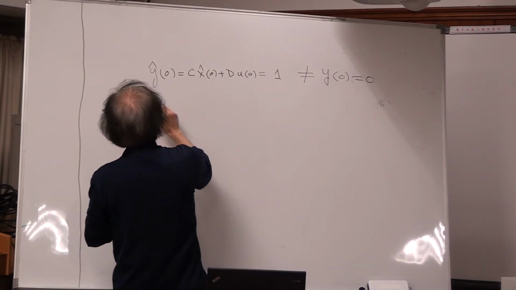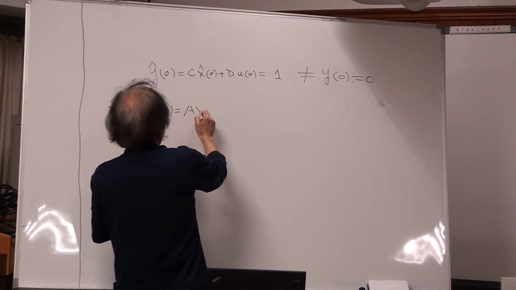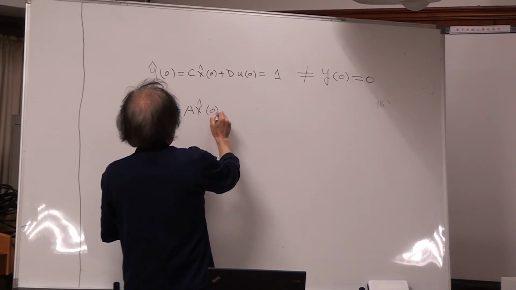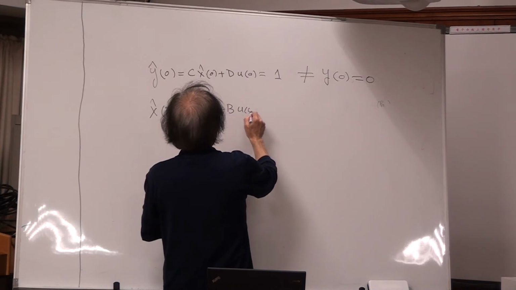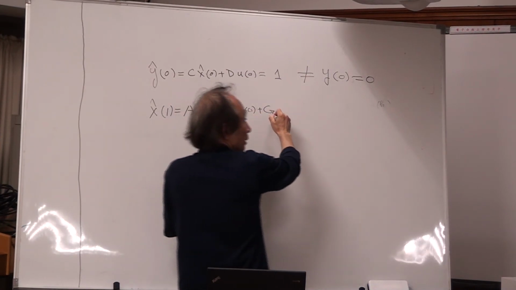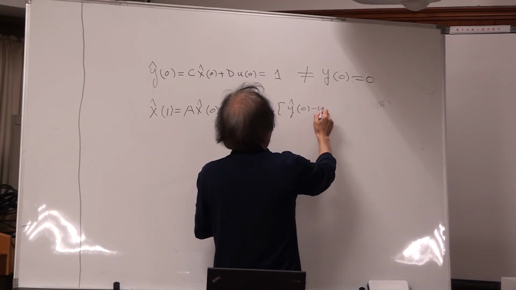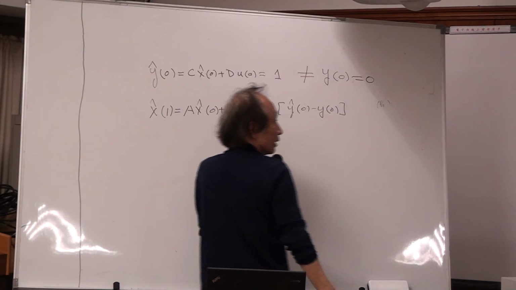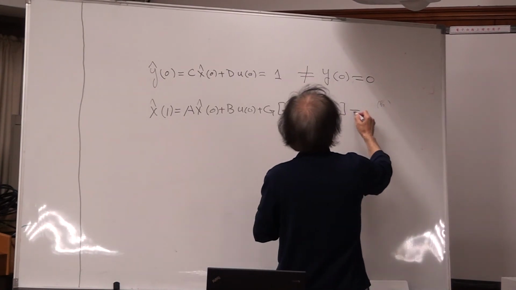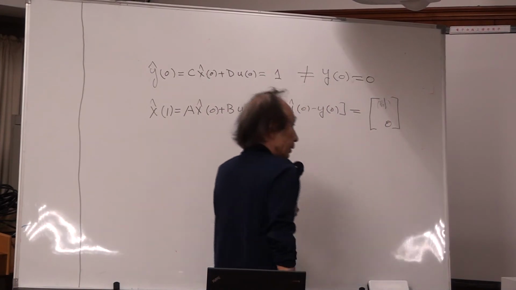Now I go to x hat 1 equal to ax hat 0 plus bu 0 plus g, then y hat 0 minus y0, and that equal to 1, 0. Alright?